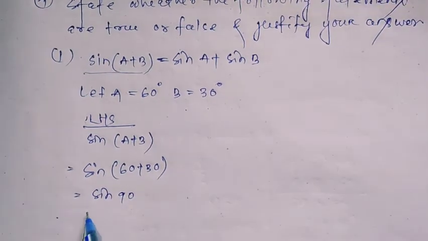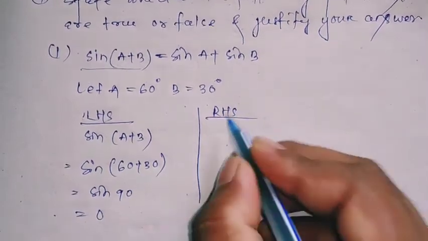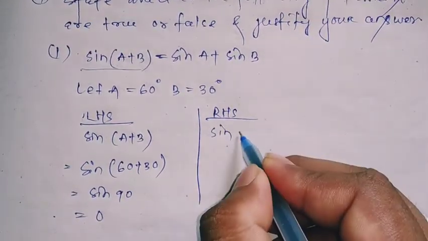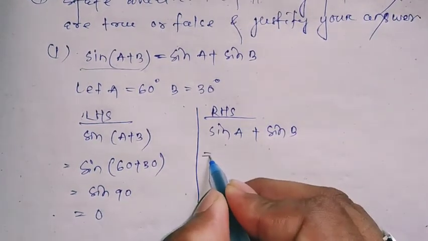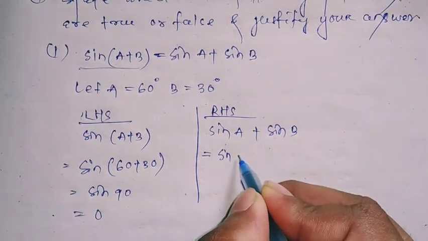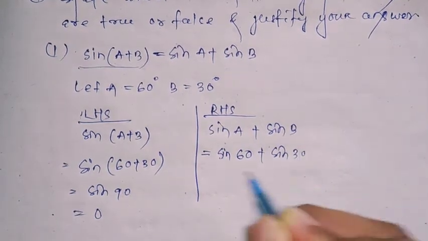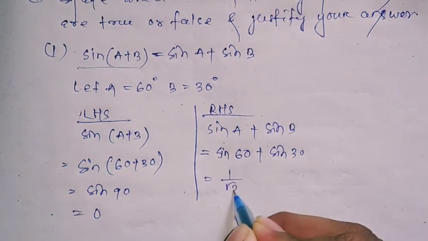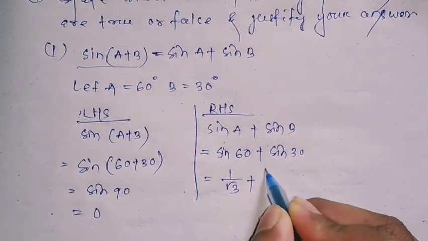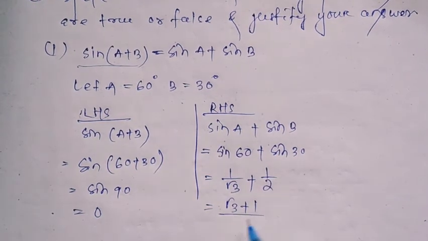We know the value of sin 90, which is equal to 0. In RHS, it will be sin A plus sin B, which is equal to sin 60 plus sin 30. What is the value of sin 60? 1 by root 3. What is the value of sin 30? 1 by 2. Which is equal to root 3 plus 1 by 2.